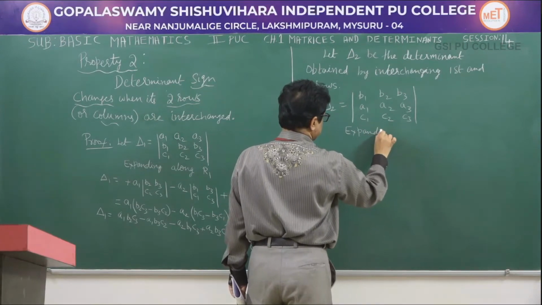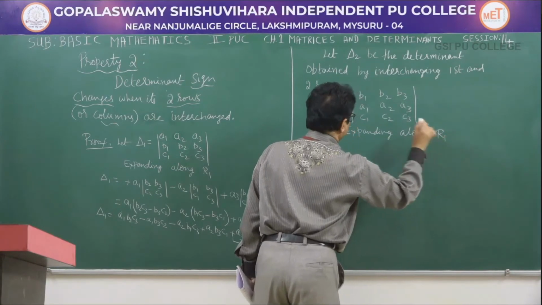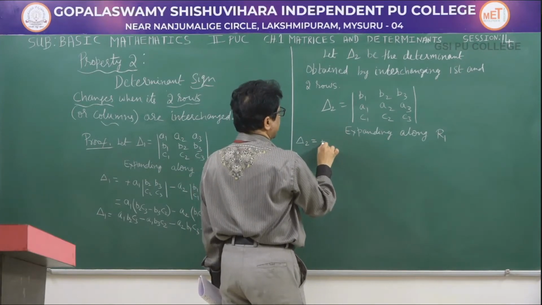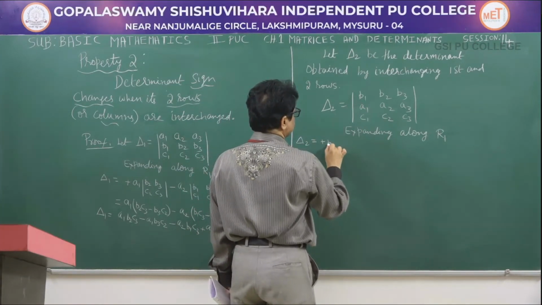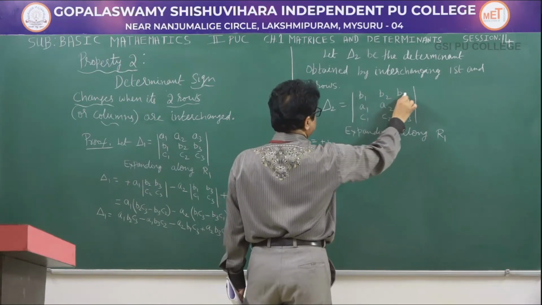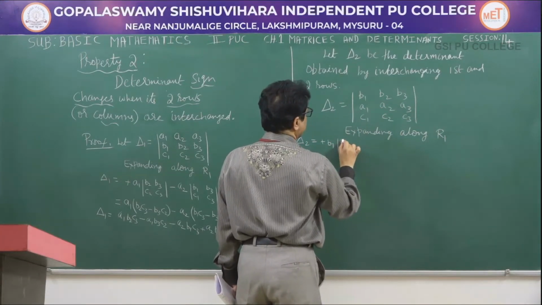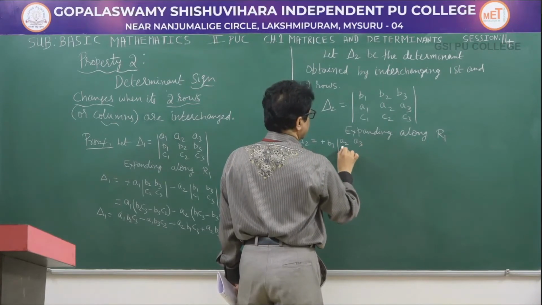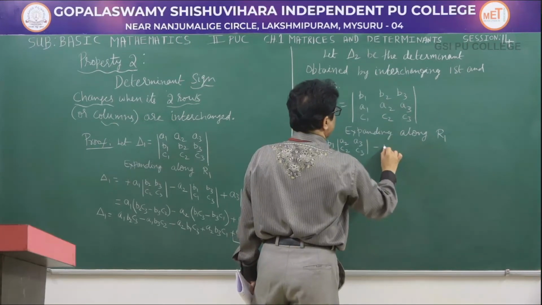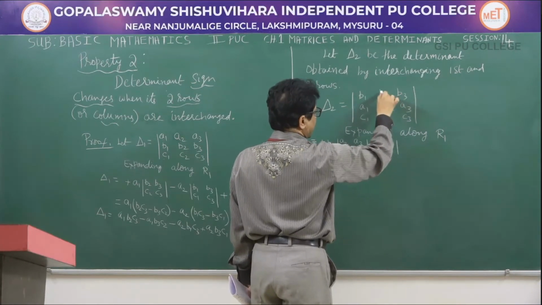Expanding along R1. So delta 2 is equal to, first we shall write the sign plus B1. So B1 lies in the first row and first column. We eliminate the first row and first column and take the determinant of the remaining elements. That is determinant of A2, A3, C2, C3 minus B2 into, so B2 lies in the first row and second column.